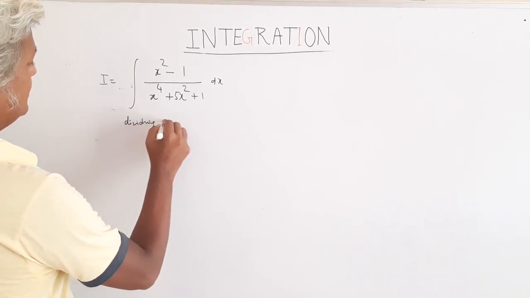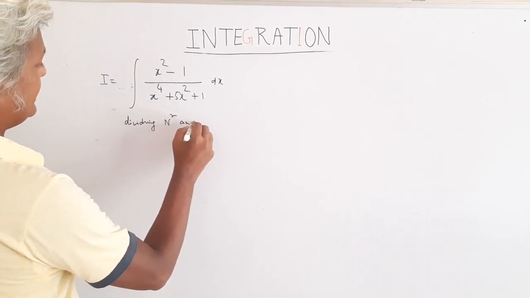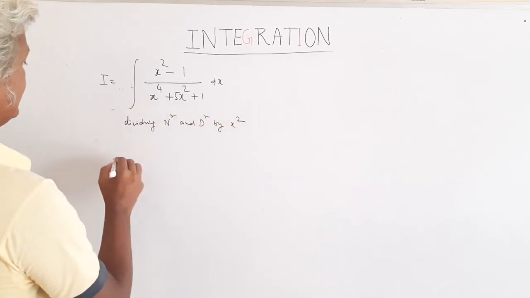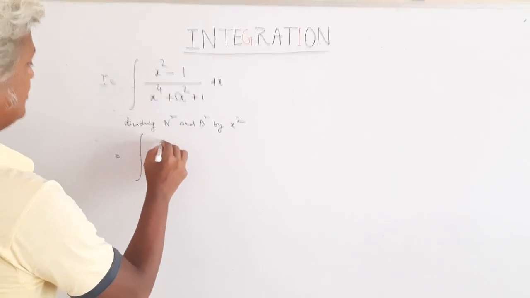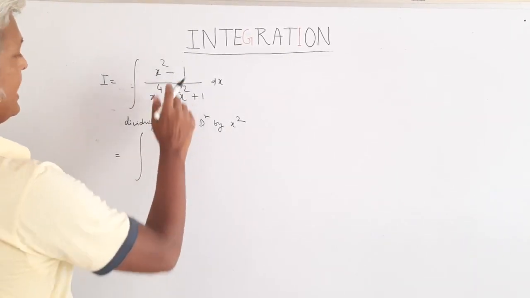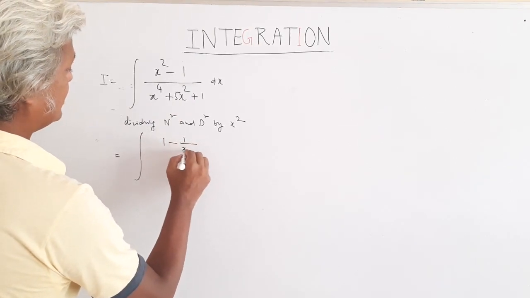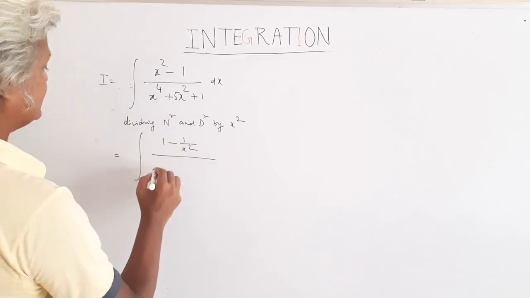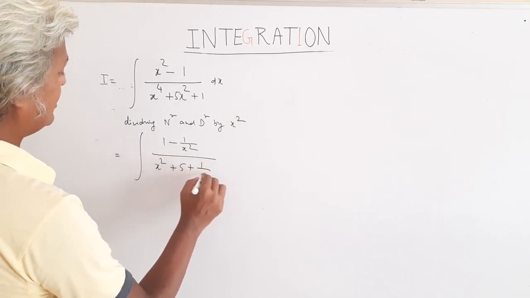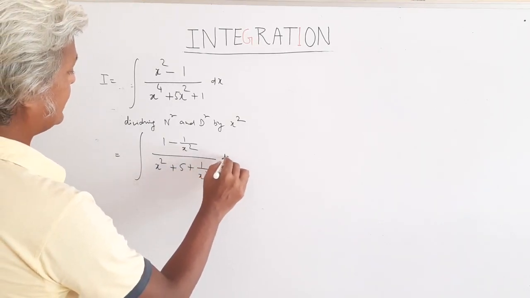dividing numerator and denominator by x square, I becomes 1 minus 1 upon x square over x square plus 5 plus 1 upon x square dx.